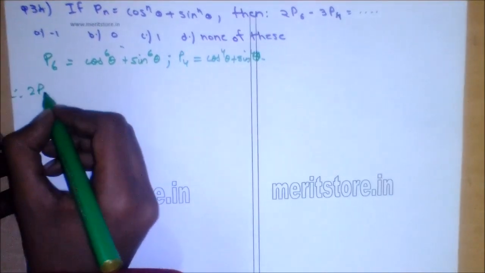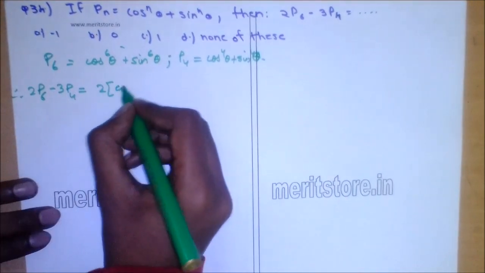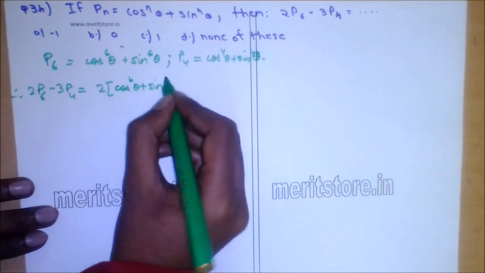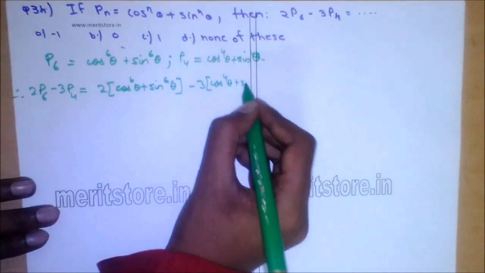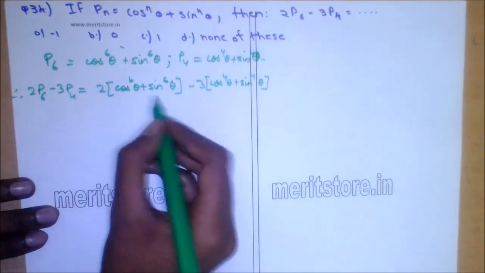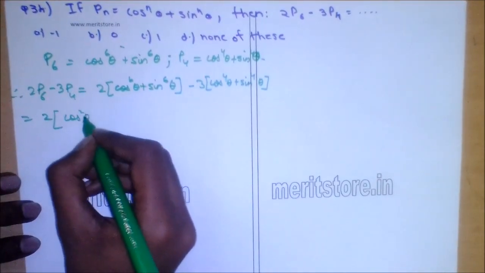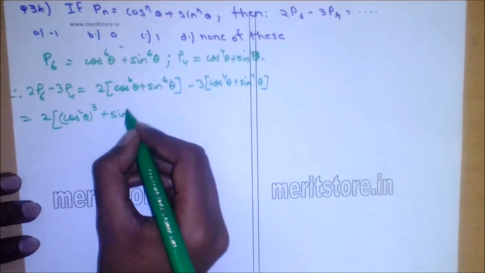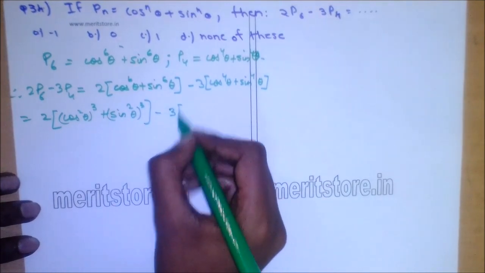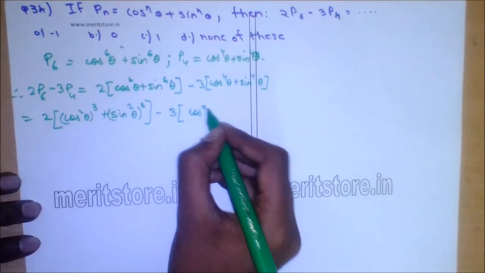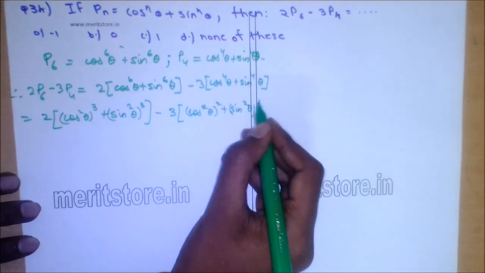Therefore 2p6 minus 3p4 is 2 times cos raised to 6 theta plus sin raised to 6 theta, minus 3 times cos raised to 4 theta plus sin raised to 4 theta. This can be written as 2 into cos square theta cube plus sin square theta cube, and this can be written as cos square theta square plus sin square theta square.